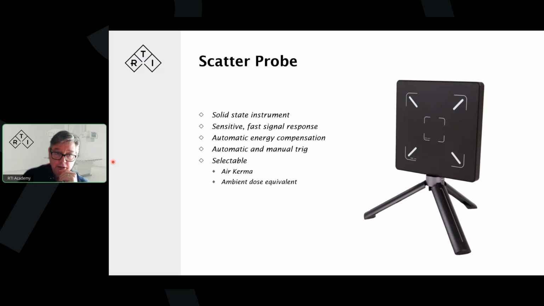There are selectable values for air kerma, ambient dose equivalent, which is sievert, and then mean energy if we want to do research level work. It's in mR or microgray, and the regulation size measurement areas are 100 square centimeters or 10 square centimeters.